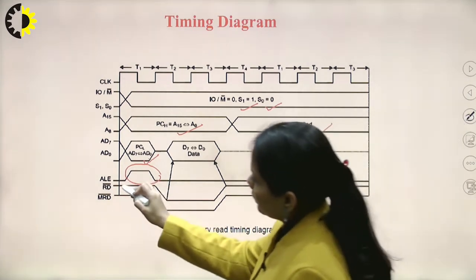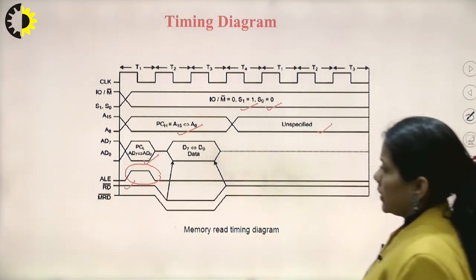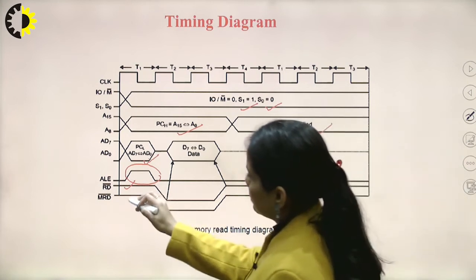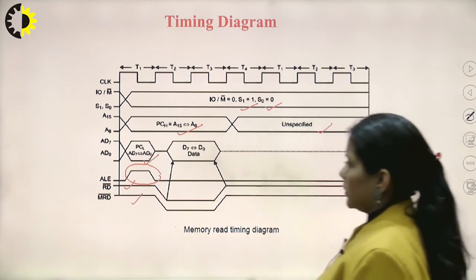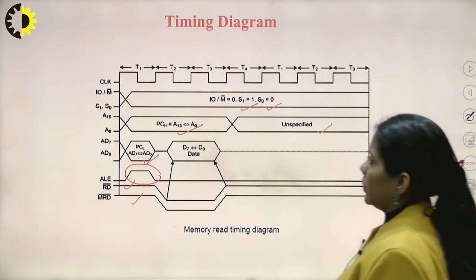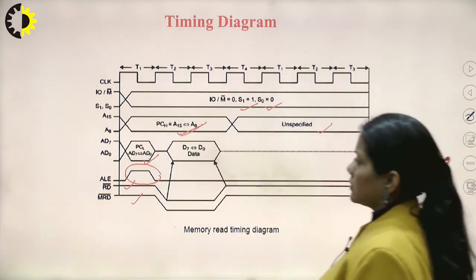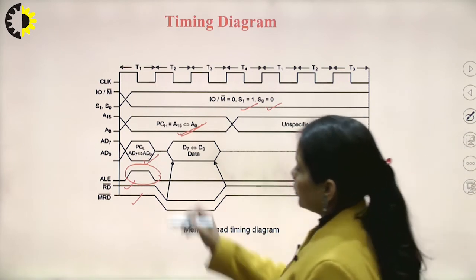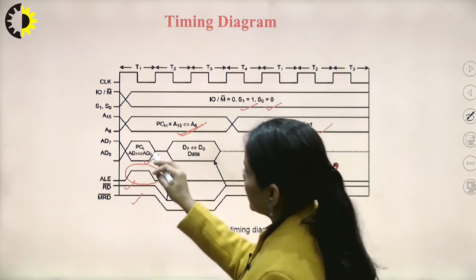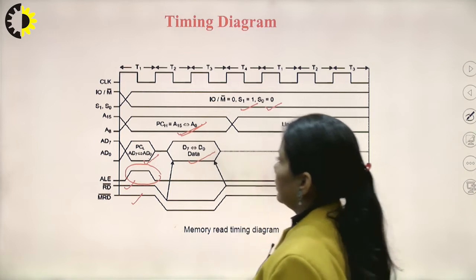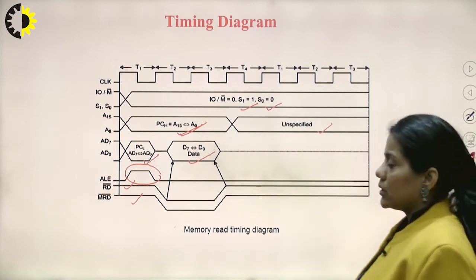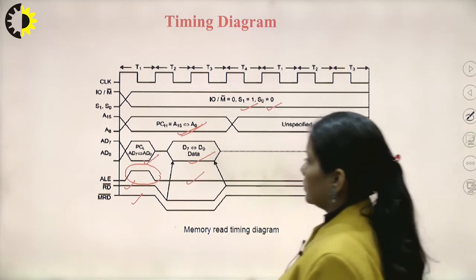Read is deactivated here and memory read is also deactivated. Now during T2, the higher order address is latched as it is, but the lower order multiplexed address and data bus is available to carry the data, and during this ALE signal is low.